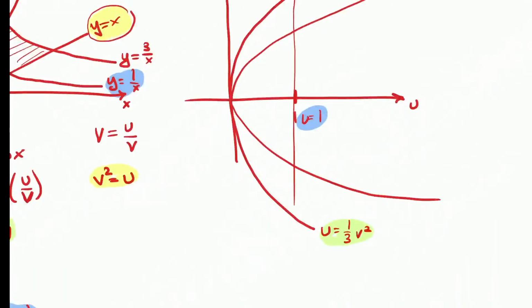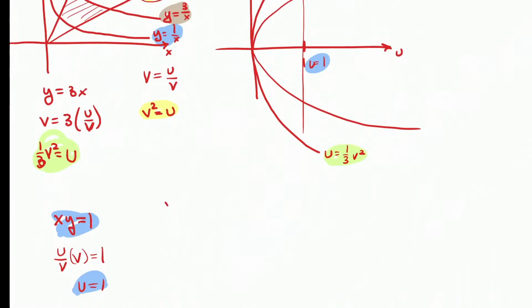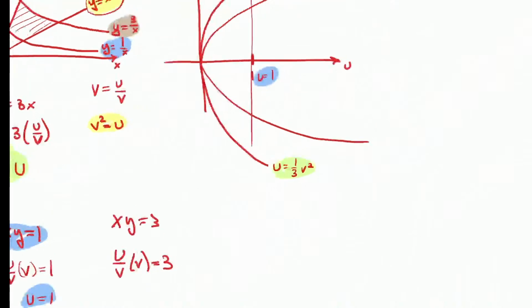Okay. Am I doing all right? The last one is this. Here, I'll highlight with brown. Does that show up? Sure. So that's this one. Let's crank that through. xy equals 3. So u over v times v is equal to 3. I'm really not happy about, well, it's okay. There's something bothersome about this.